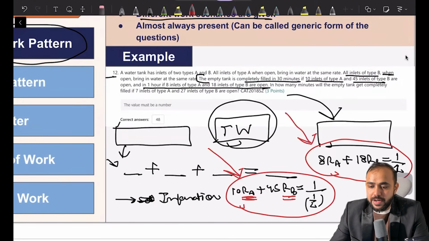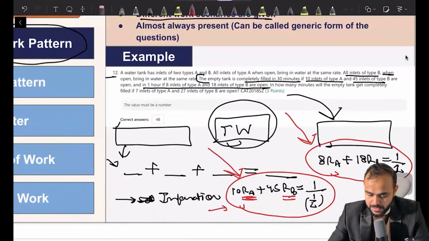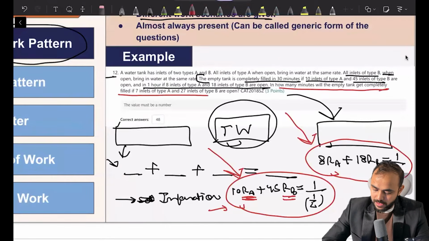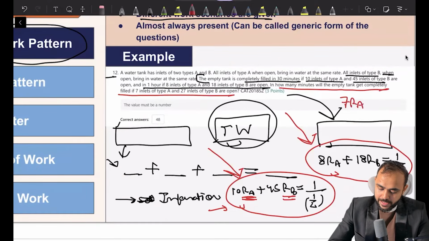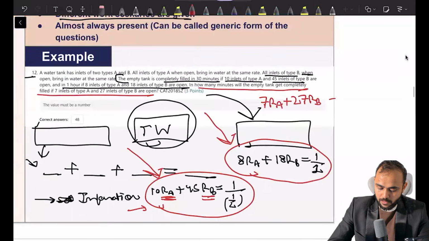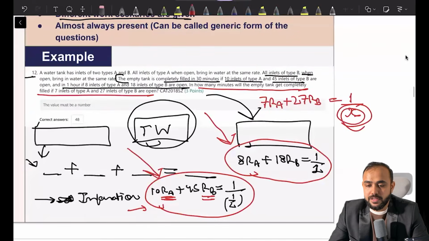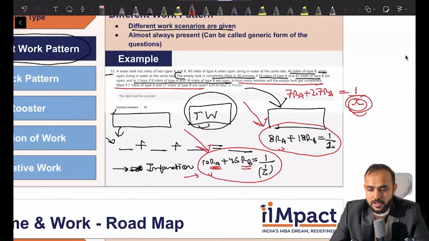Corresponding to each work pattern, you get an equation, and finally, they can give you a third work pattern which you have to solve for, which is this: if this was 7Ra plus 27Rb, what would have been this denominator? This is what they are asking you for: the time taken by 7 pipes of A and 27 pipes of B together.